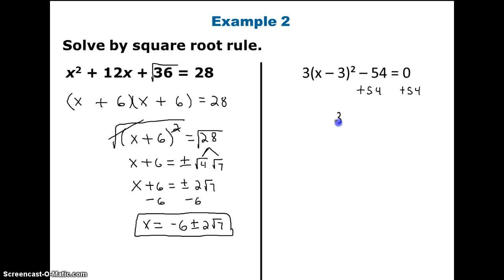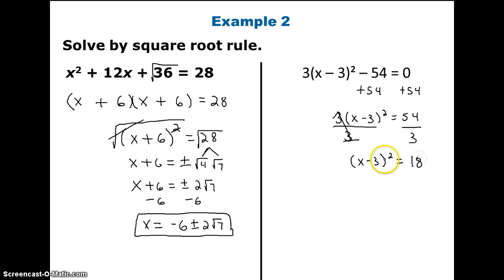So you bring down the 3, you bring down the binomial squared equals 54. Divide by 3. That's how you get rid of the 3. Do not distribute, you divide. So divide the other side by 3. This turns into a 1. So we have the binomial squared equals, and 54 divided by 3 is 18.